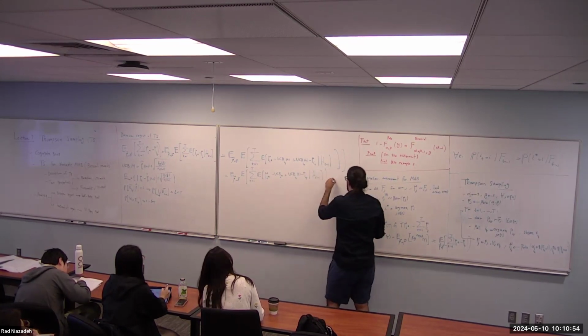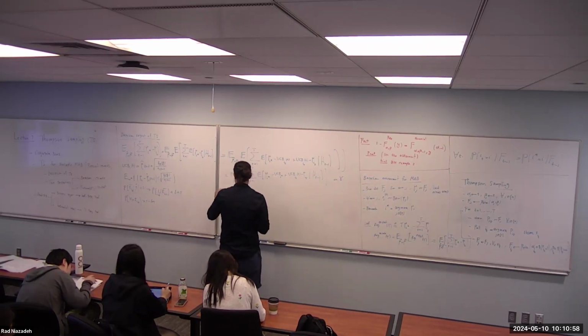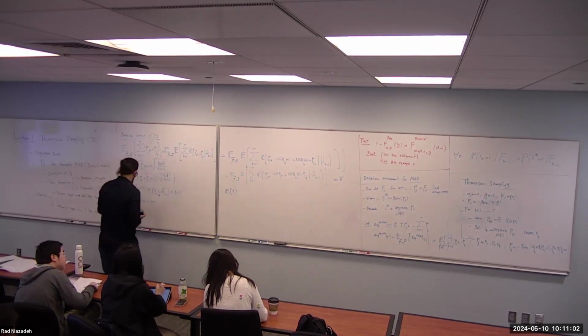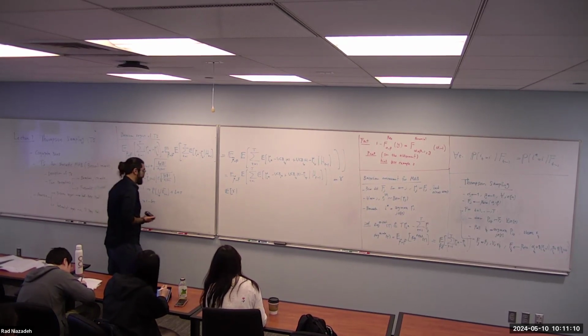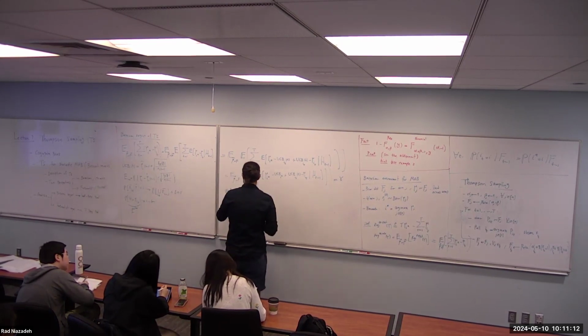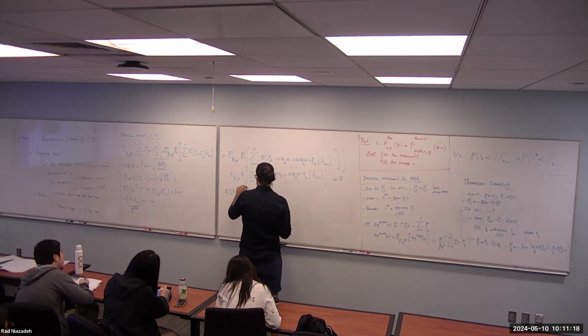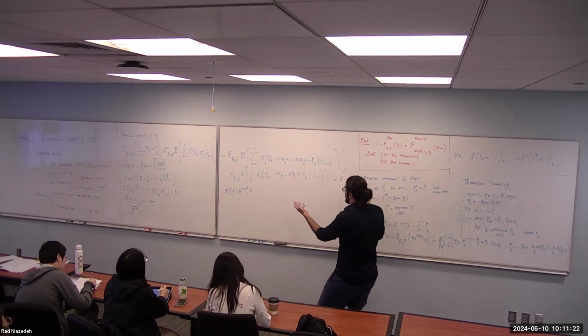Okay, so let me call this whole thing gamma. First of all, the expectation of gamma, let me call this event E good, so gamma conditional on E good complement is bounded by a maximum thing that this quantity can get.